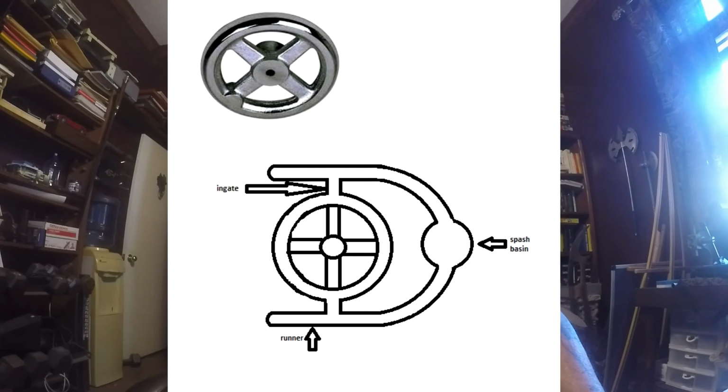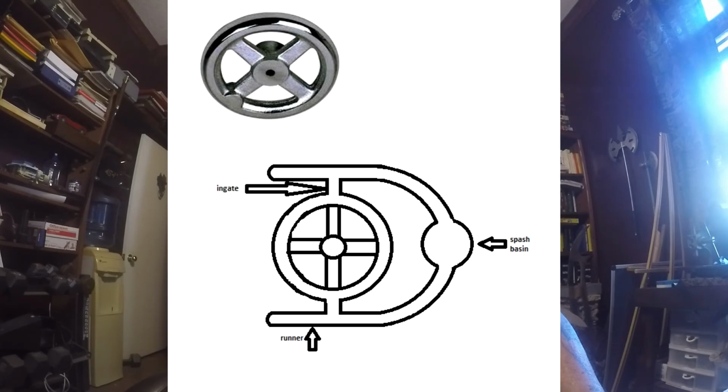All right. You have your splash basin that mitigates the amount of dross that you'd be forming as you pour this. The runners would push the metal, or rather the dross, to the end of that runner and then fill up the rest of the way, allowing the metal to start entering the ingates, which would start filling up the mold cavity.